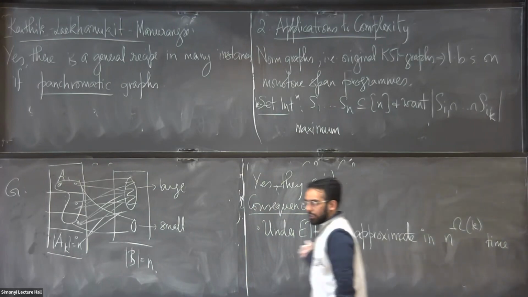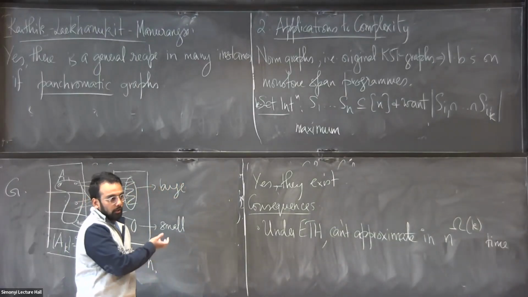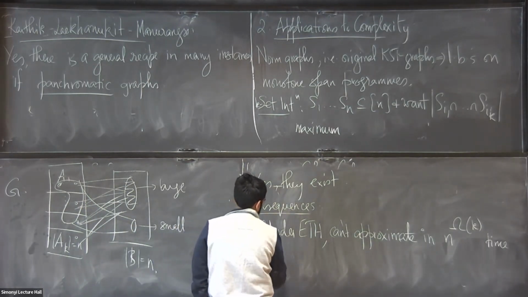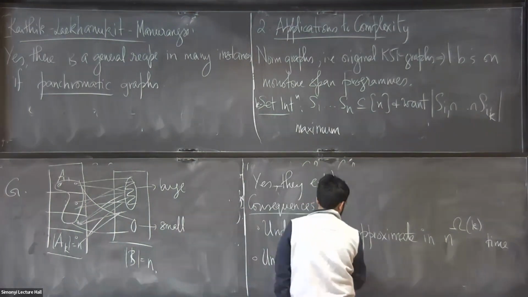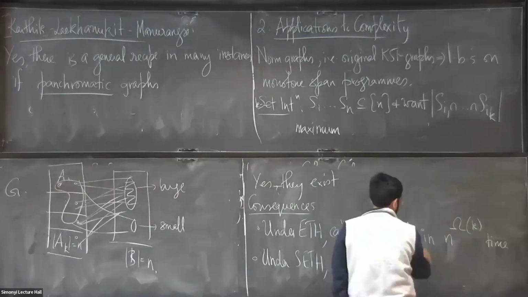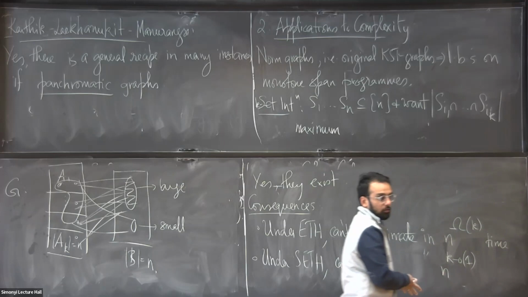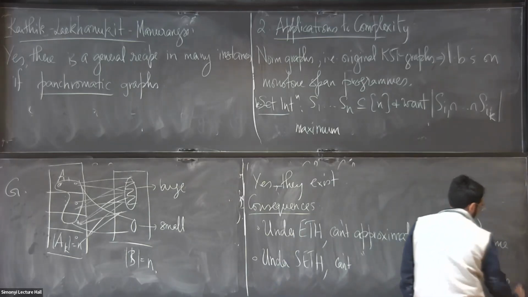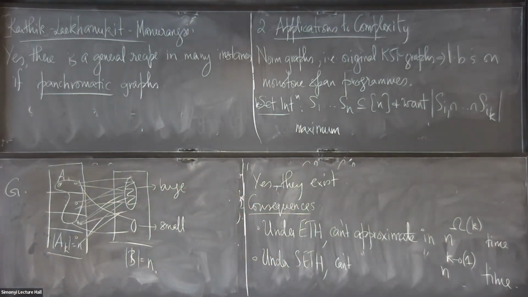I think it was previously known that under the same hypothesis, you can't do n to the omega of square root k or something, but this is essentially the best possible. And if you strengthen the hypotheses, with the strong exponential time hypothesis, you essentially need n to the k time for any f of k factor approximation. So those are some nice things that come out of these constructions. Okay, I'll stop there.